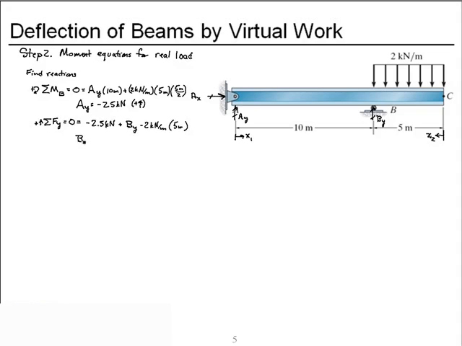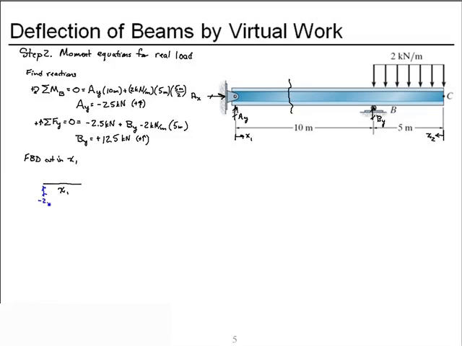So BY is a positive 12.5 kilonewtons. And it is up. I'm now ready to cut it somewhere between A and B in the range of x1, and I'll keep the left side of the piece, so it'll have a length of x1.